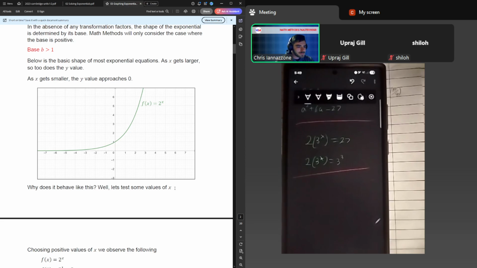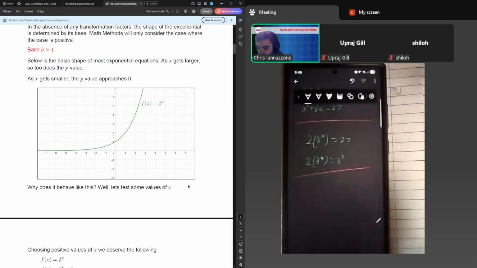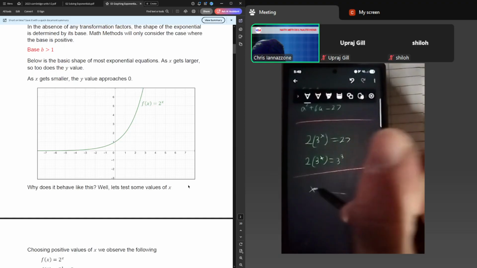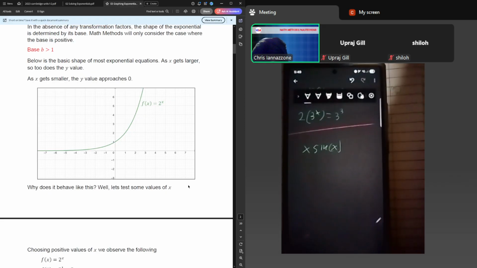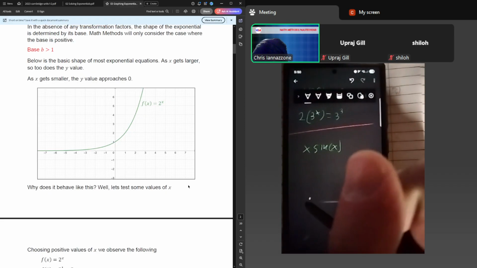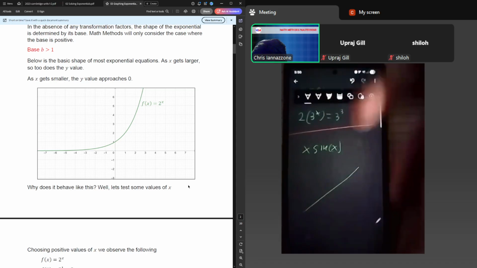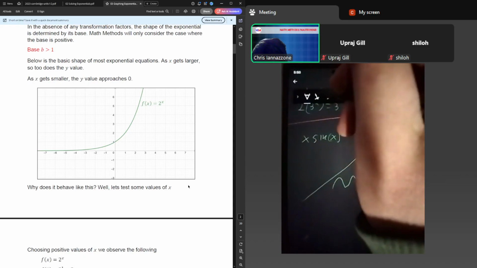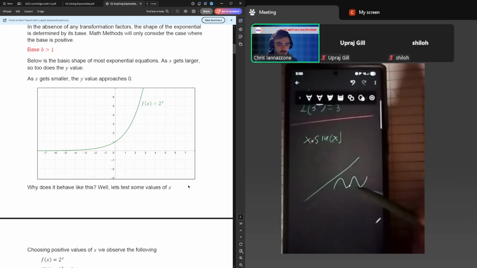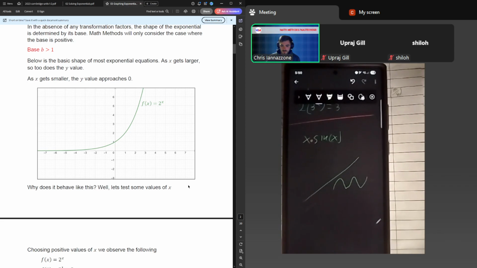It is worth highlighting how you can analyze these graphs, because that'll help much more, not just for exponentials, but sometimes you'll get weirder graphs, like one that came up literally last lesson for me was something like x sine x, right? Not something that's taught in methods, how to graph that. But if you know that x is this linear and sine x is this, then x times sine x would just mean you overlay them both and then multiply them together.